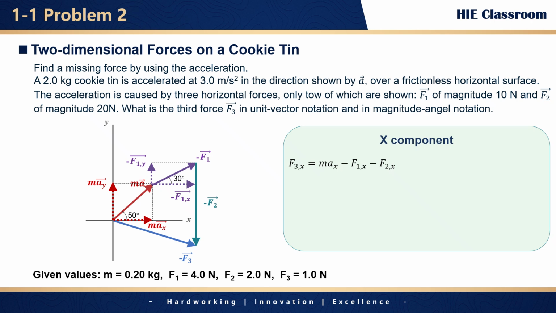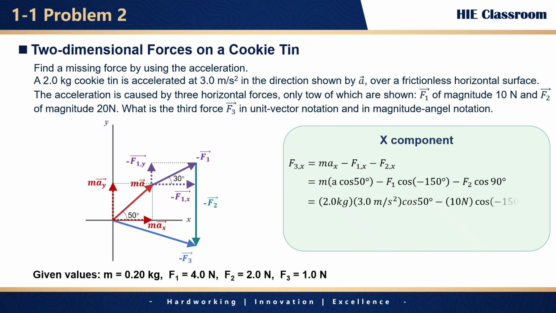Since the acceleration makes a 30-degree angle, its x component is a cosine 30. Substituting this, we get F3x equal to ma cosine 30 minus F1 cosine negative 150 minus F2 cosine 90.